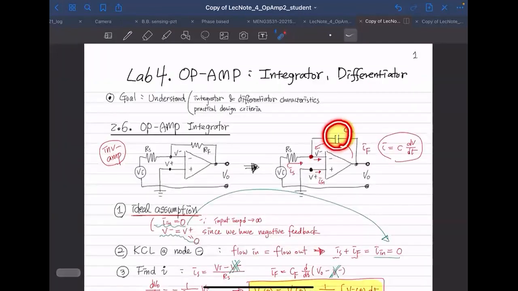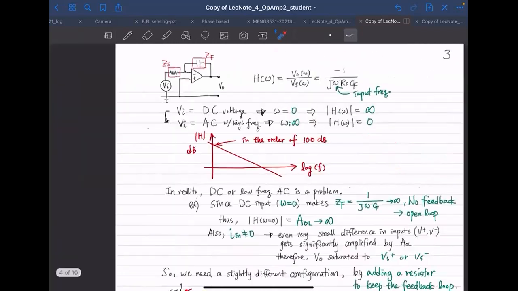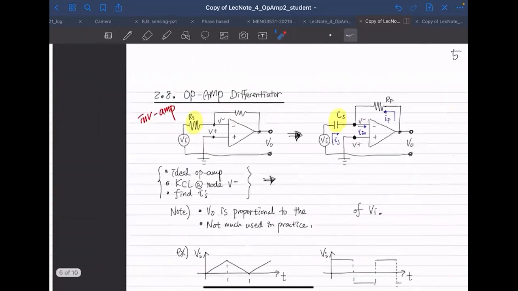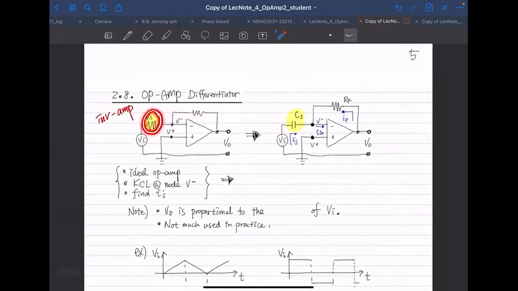This guy was the thing that we changed, and that made an integrator. And now we are changing this serial resistor to a capacitor. So it kind of makes sense. Like differentiator and integrator are the other side of the coin, right?